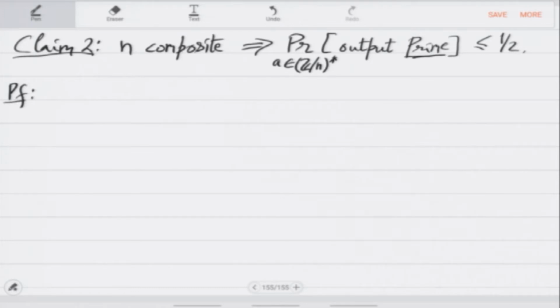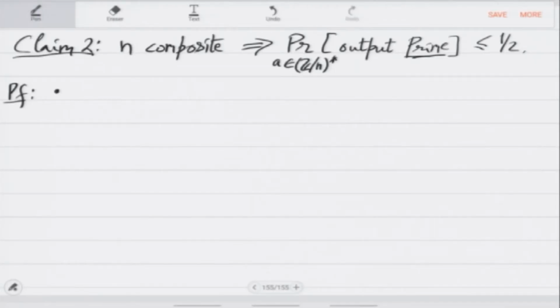So this is not a deterministic polynomial time algorithm. It is a randomized polynomial time algorithm. It is always correct on primes. It may make a mistake on composites. It may say that a composite number is prime when it is not.